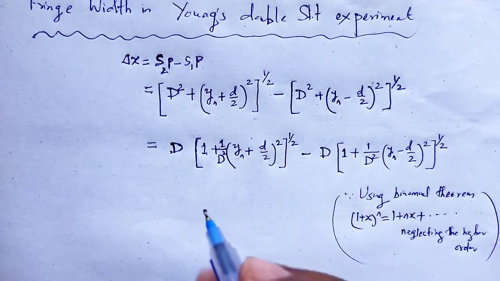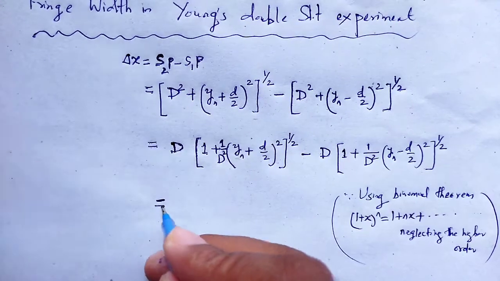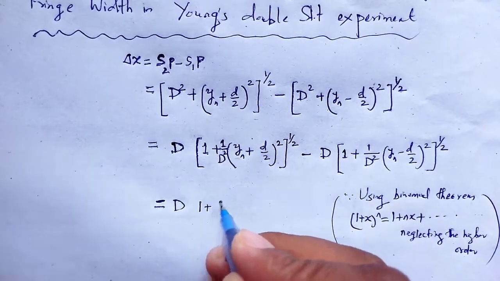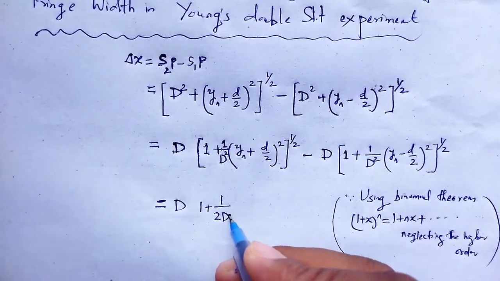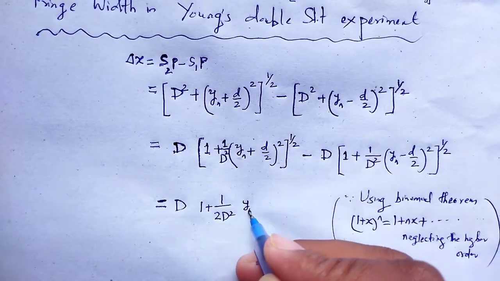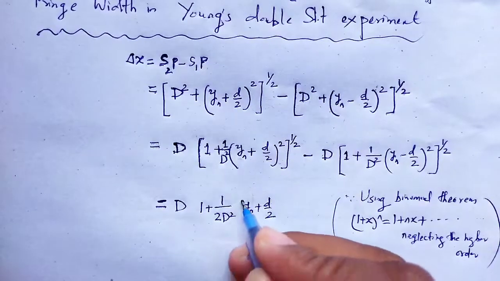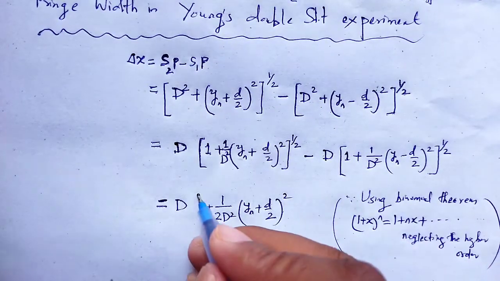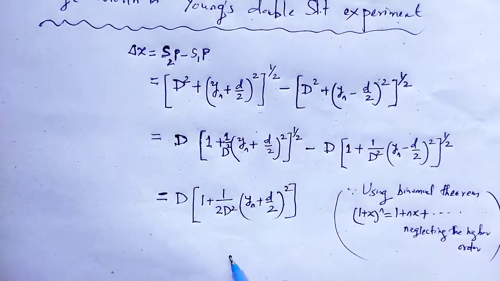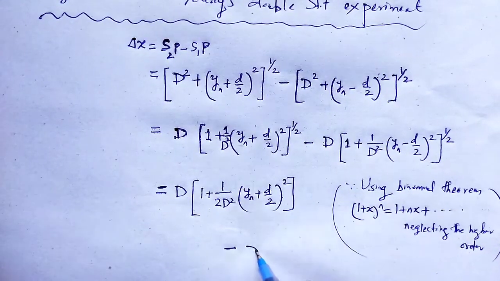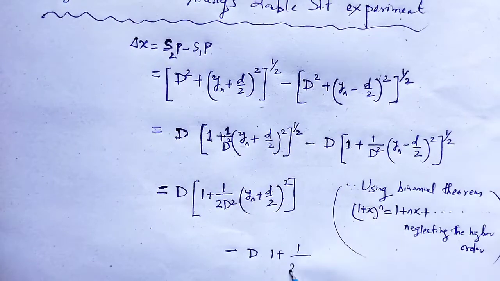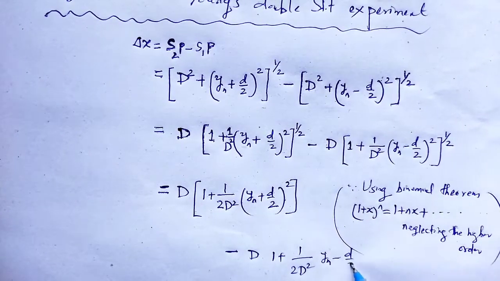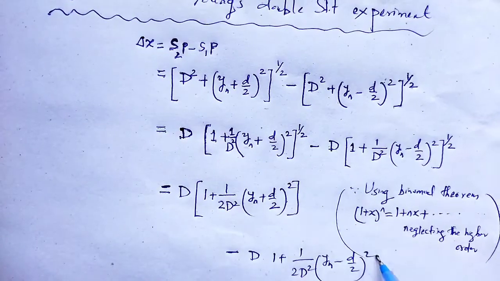Expanding that term, we have d times 1 plus 1 by 2d square yn plus d by 2 whole square, minus d times 1 plus 1 by 2d square yn minus d by 2 whole square.